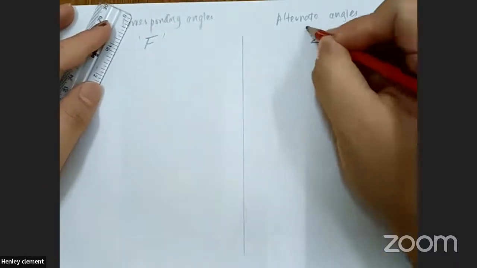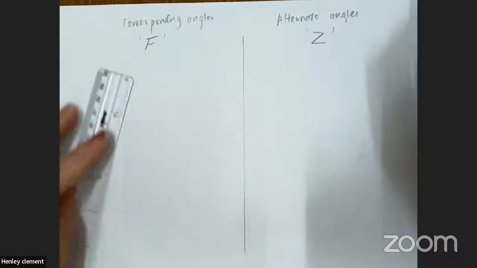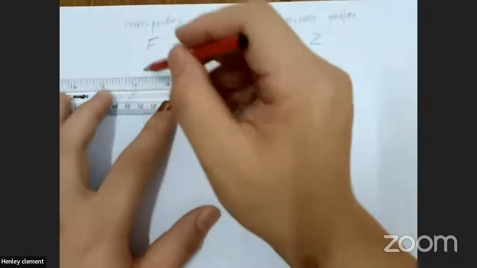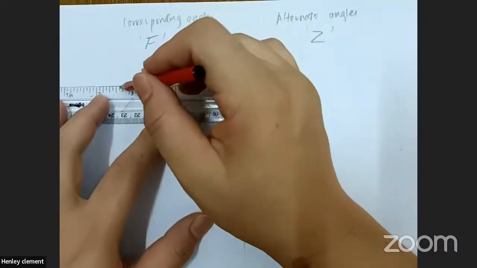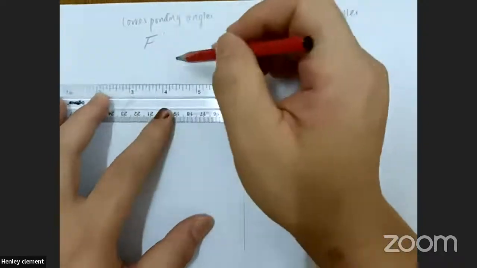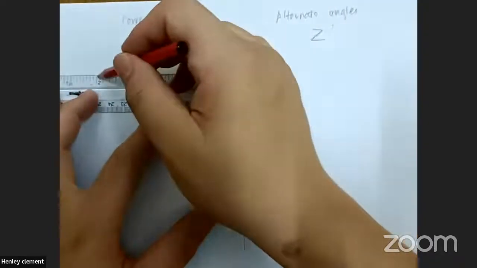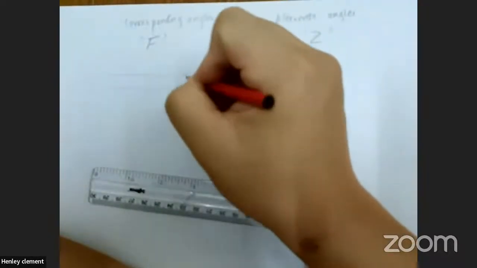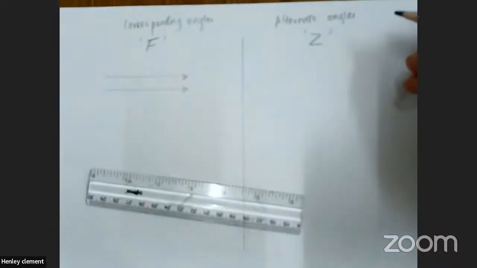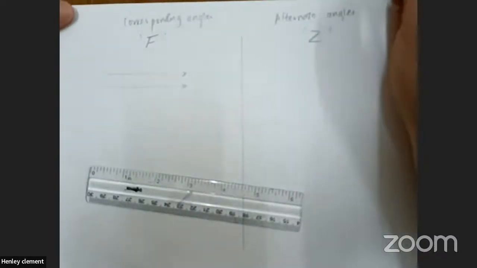And then this is the angle Z. Okay, so you have two parallel lines. Parallel actually will be shown in an arrow shape. Okay, arrow shape.